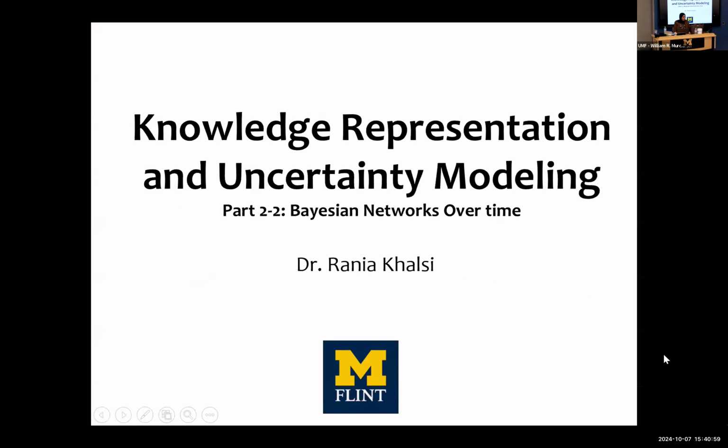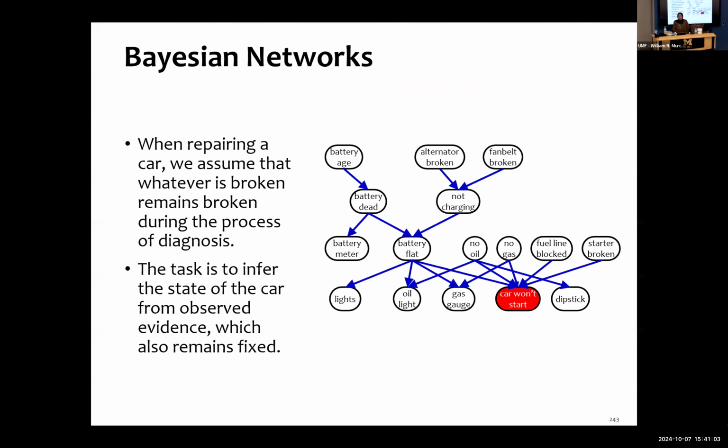But for now, we are going to move to the Bayesian networks over time, because last time we saw the connection between elements. For example, if my car is stopping, there is a set of random variables that could be possible.